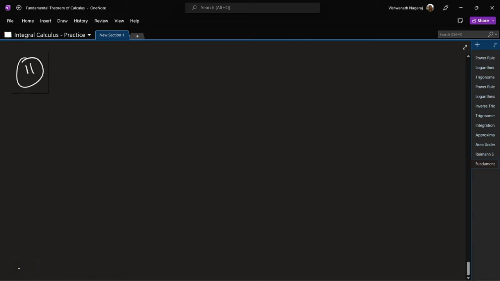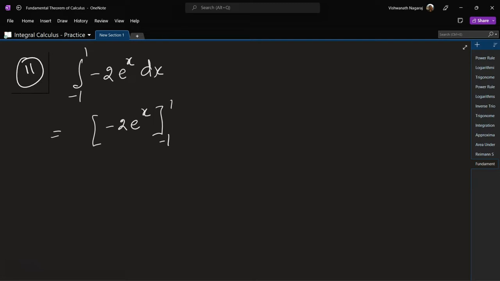13th one, integral from minus 1 to 1 of minus 2 e to the power of x dx. So now its integral is minus 2 e to the power of x from minus 1 to 1.